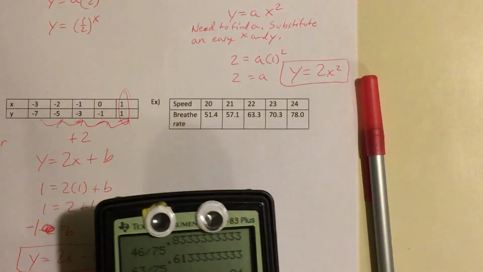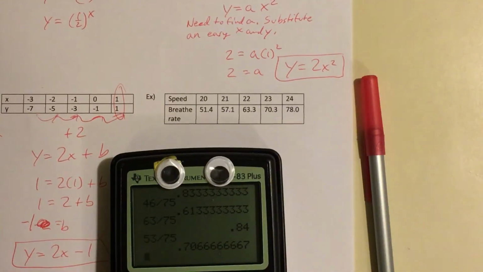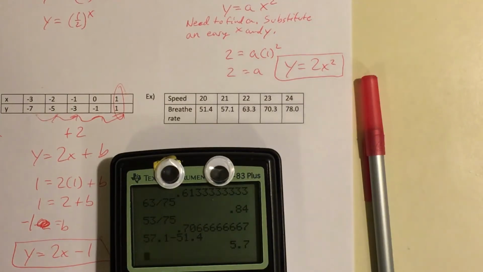All right, so I got my calculator. 57.1 minus 51.4, and I get 5.7.